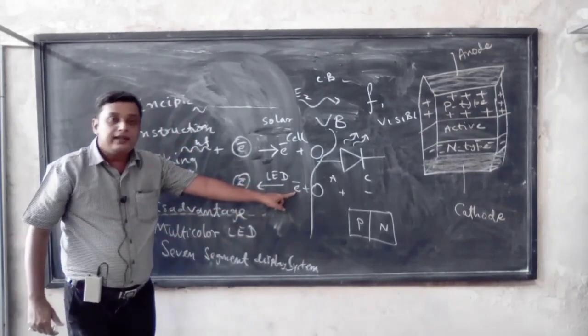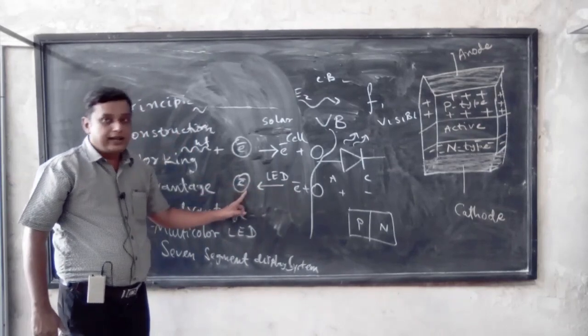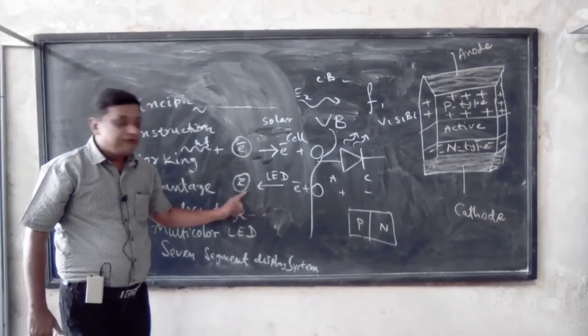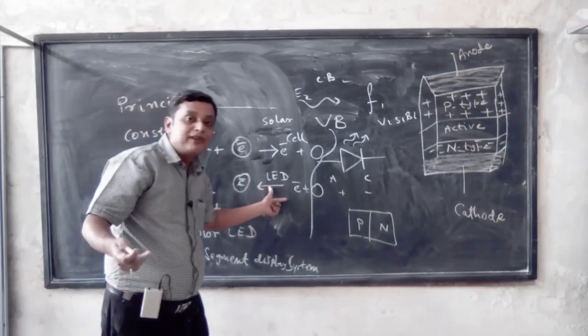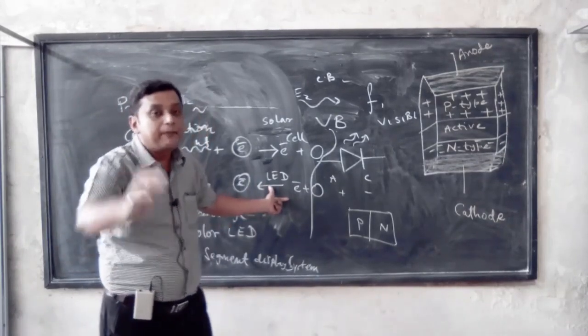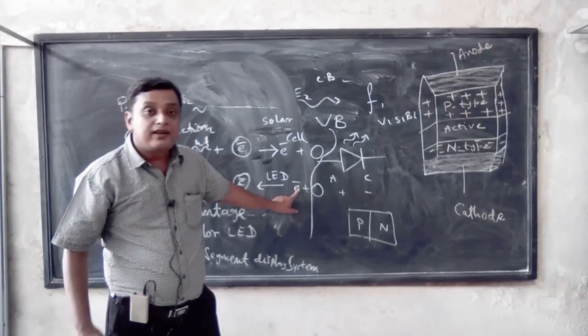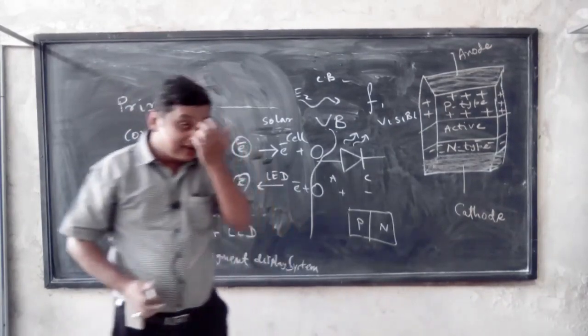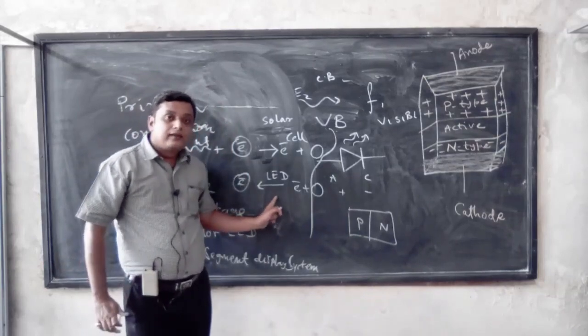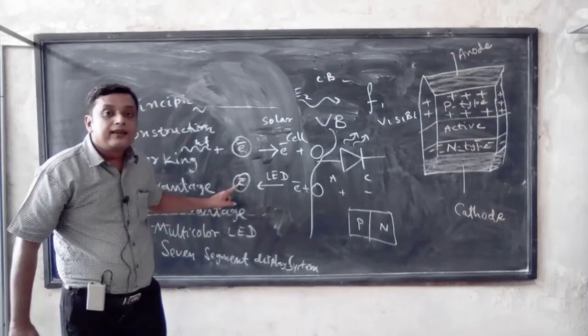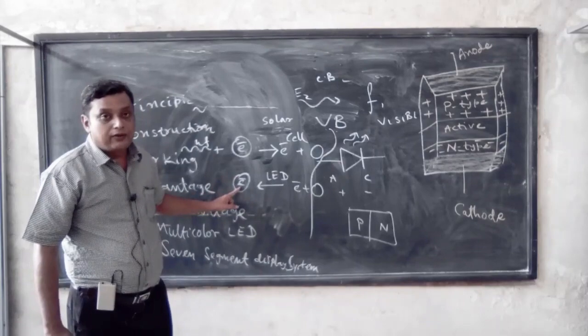A free electron is converted to a bound electron. Before applying the electric current, the electron was a free electron. But as I am applying electrical energy to the LED, the electron becomes a bound electron.